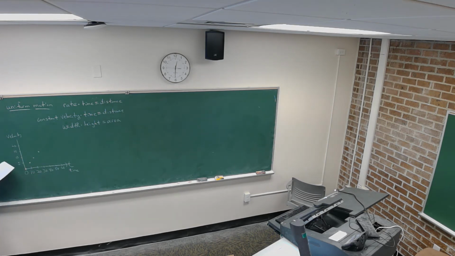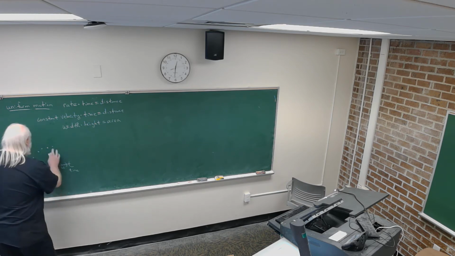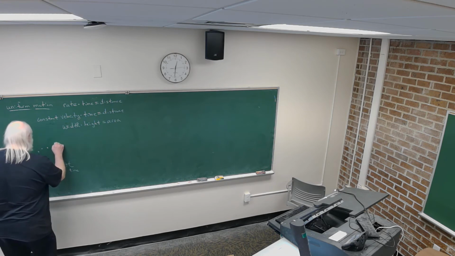At t equals 40, the velocity is 18. At t equals 50, it's 19. And at t equals 60, it's 20. So that's the plotting of the velocities. I'm standing up here at the board, so it's hard to see if I'm getting what I'm doing plotting this.